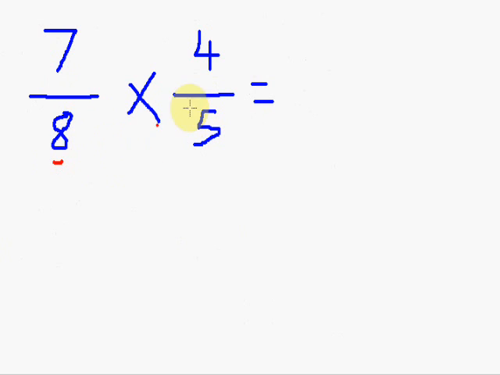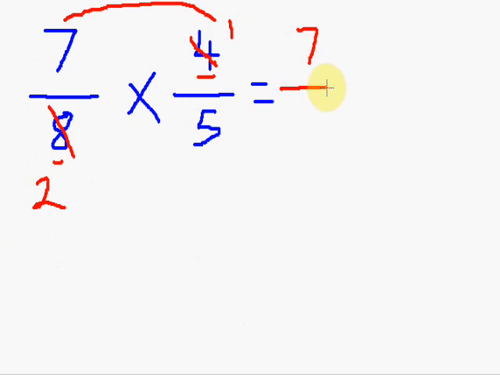In this case, the 7 and 5 can't cancel, but the 4 and the 8 can. So we can say 4 can go to 4 1, and 8 can go to 8 2. Okay. And then we're going to multiply the two numerators. 7 1s are 7, and 2 5s are 10. And it is that simple. Okay? So let's look at something else.